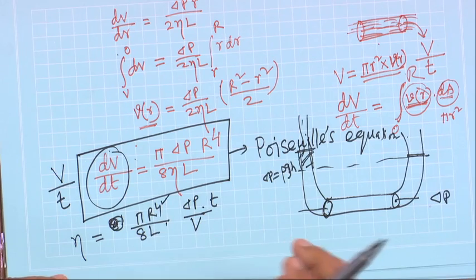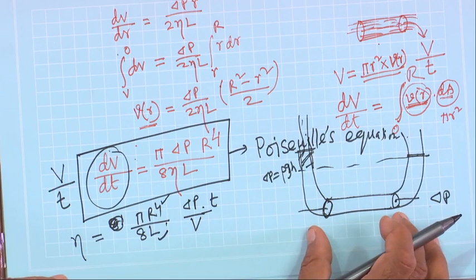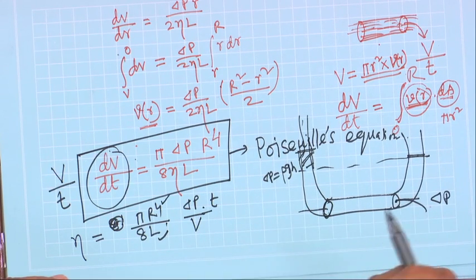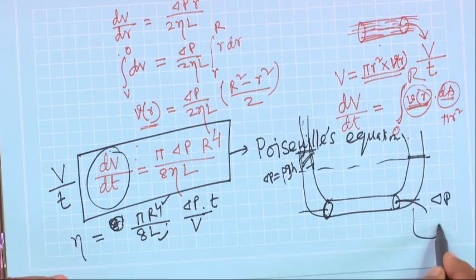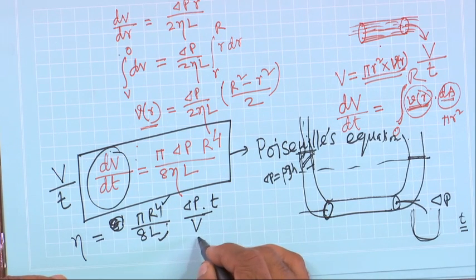That we have to measure experimentally, and length also we will measure using a meter scale. Then, taking a stopwatch, we will collect water for different times t.